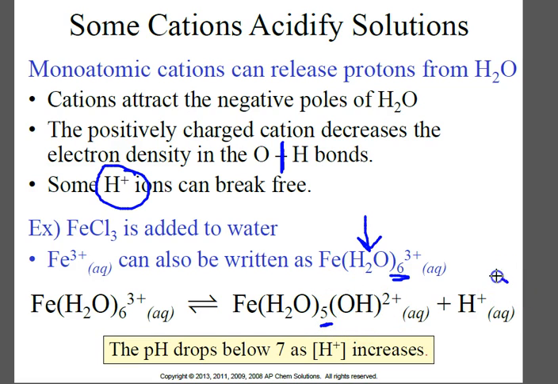So then we just released a hydrogen into the water, and that hydrogen would cause the pH to drop. We looked at how conjugates can change the pH, and now we're looking at monoatomic cations like iron, other metals that would be positively charged. They could change the pH of the solution.